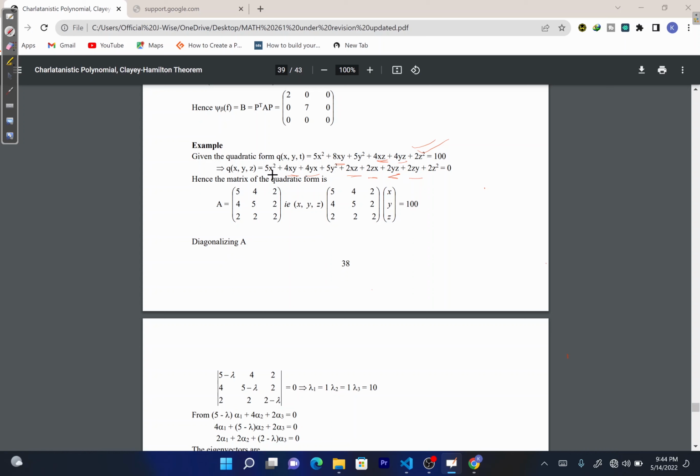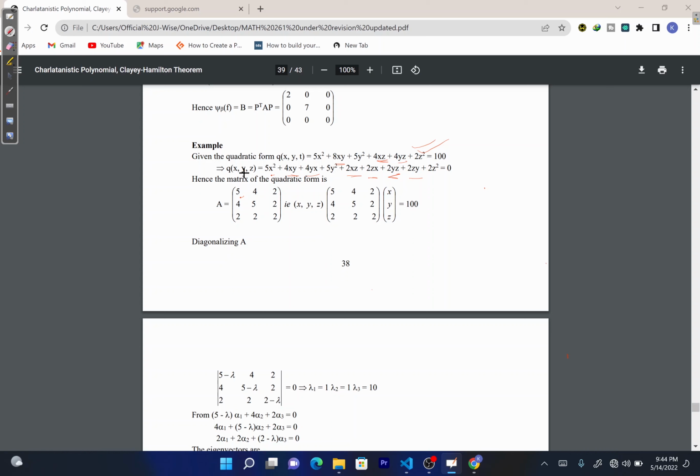Here is A. The coefficient of x squared is the element on the first row, first column, that's 5. For the row and column numbers, x is for 1, y for 2, and z for 3.